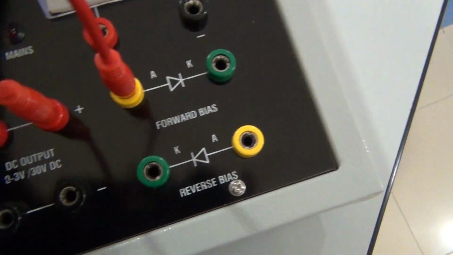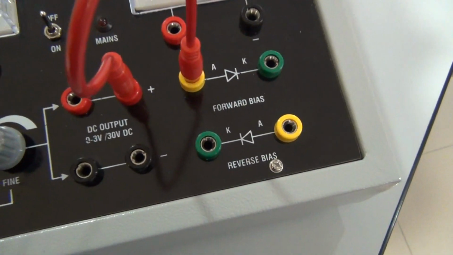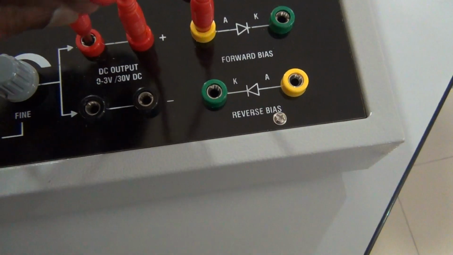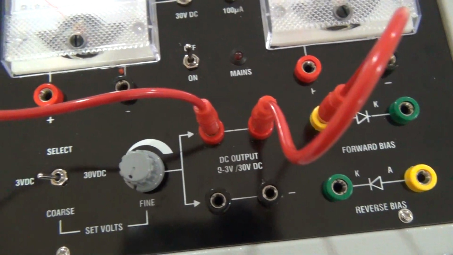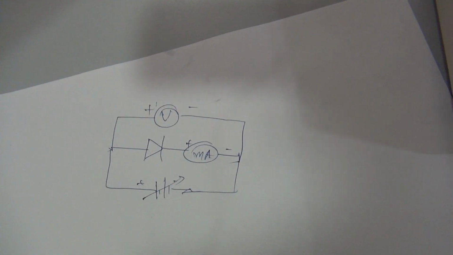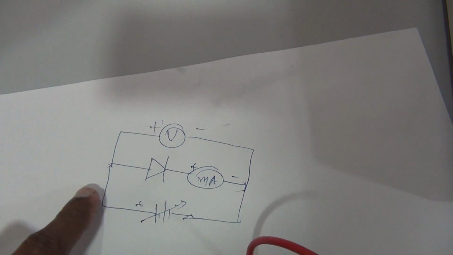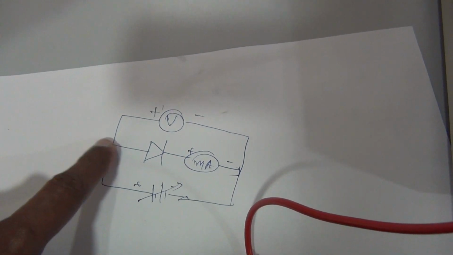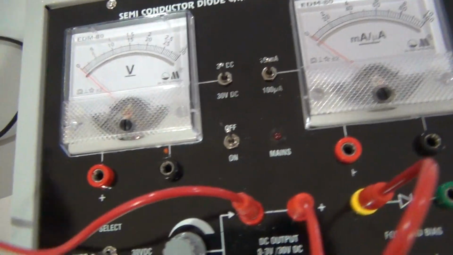Then you have to connect one more from the positive terminal. Looking at the connection diagram, the positive terminal of the battery is first connected to the P type, and then also to the positive terminal of the voltmeter.